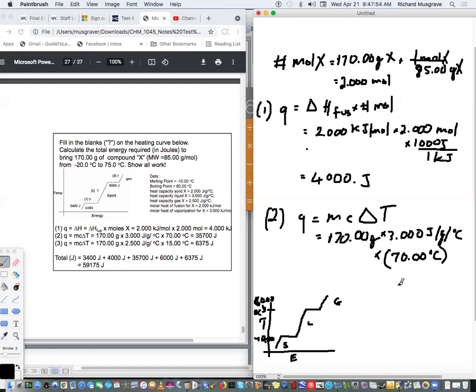Anybody have any questions about that? The 70? Why would it be 70? Well, I'll give you an example with a number line here. So let's say we have minus 5, minus 4, minus 3, minus 2, minus 1, and 1 and 2. What's the difference between 2 and minus 5, Michael?